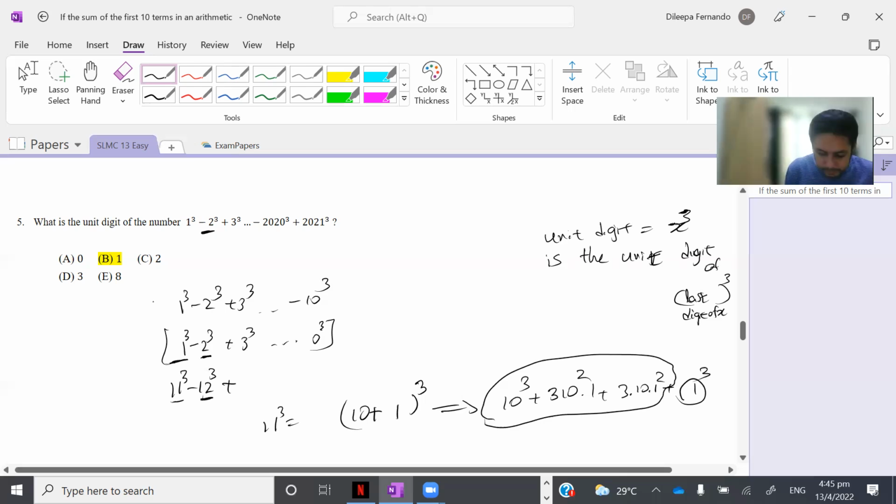Now you can see for each of these 10 terms, you have the same set of unit digits. Now that is the first observation.